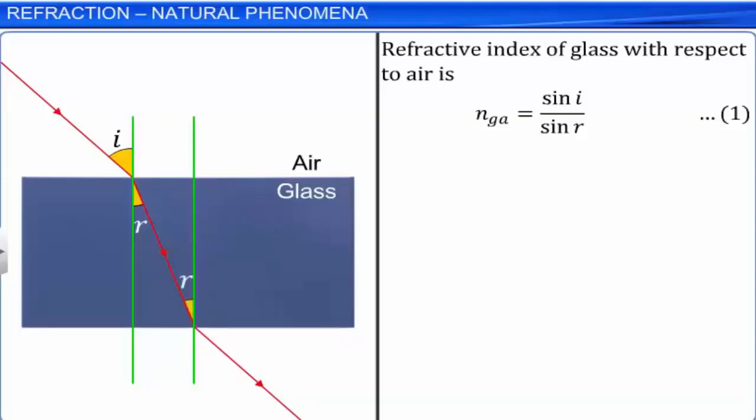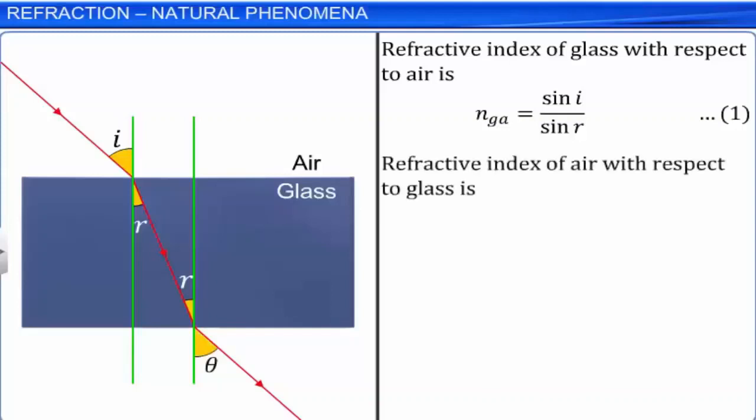If the refractive index of air with respect to glass is NAG, then, according to Snell's law, NAG is equal to sin R by sin theta. But we know that NGA is equal to 1 divided by NAG.